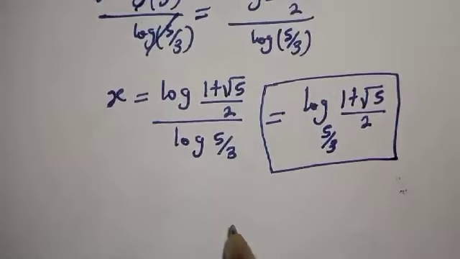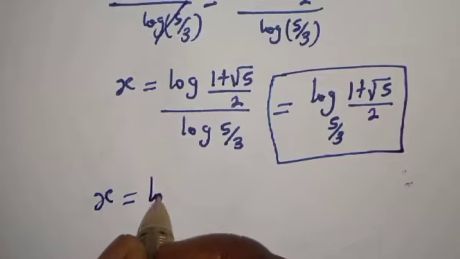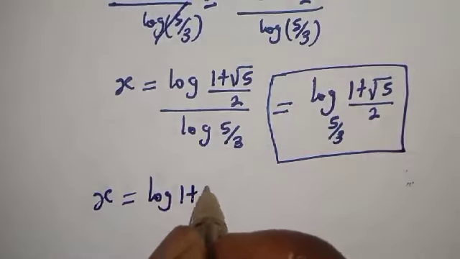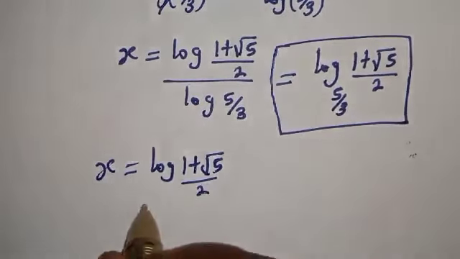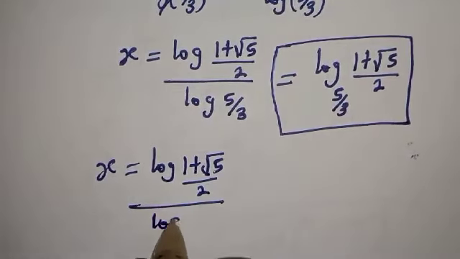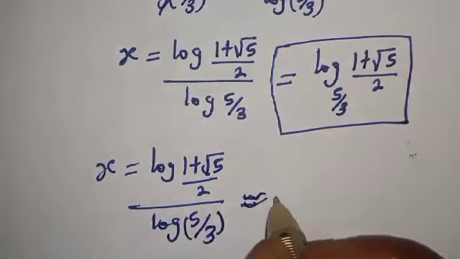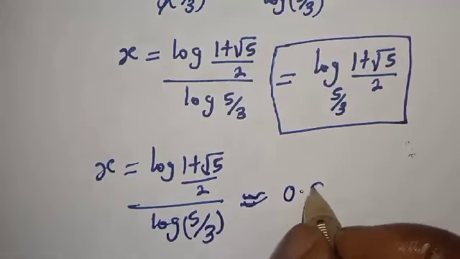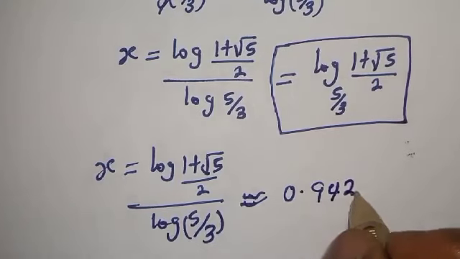And if you press your calculator, then s is equal to log 1 plus root 5 over 2 over log 5 over 3, which is approximately 0.942.